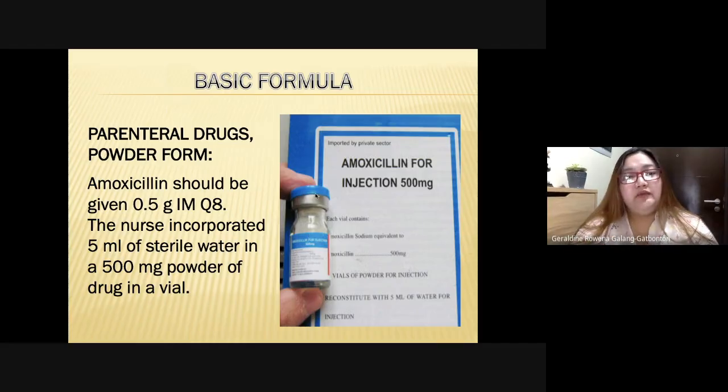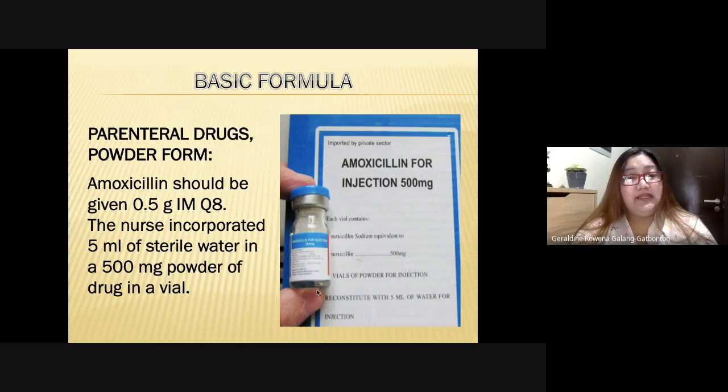Minsan, merong natitira dito at pwede bang gamitin sa ibang shift or next dose. Hindi na ikaw yung next nurse. Okay? So, pag kinuha ng next nurse yung vial, paano niya malalaman yung times Q? Hindi naman siya yung nag-dilute nun.